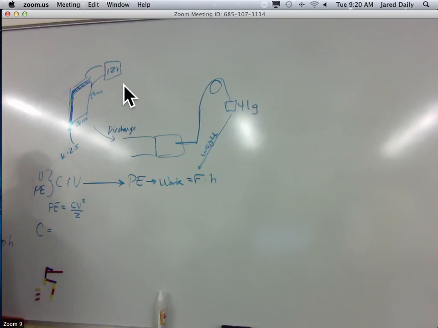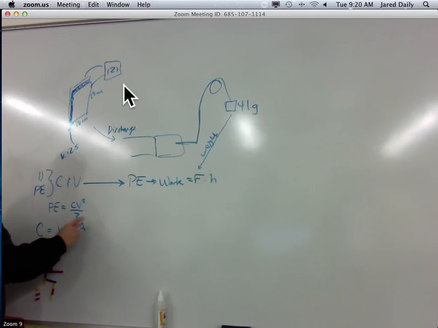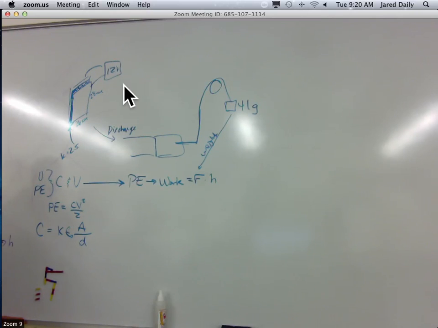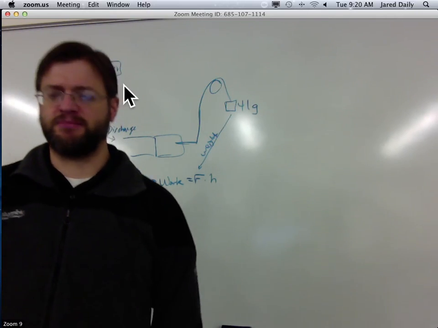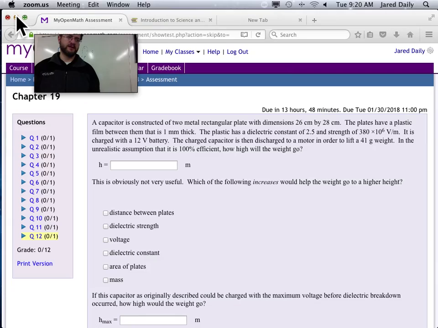So let's write that down. Capacitance equals K times epsilon naught times the area over the distance between the plates. And they did tell us the distance. What was the thickness of that plastic? Mine says 1 millimeter.